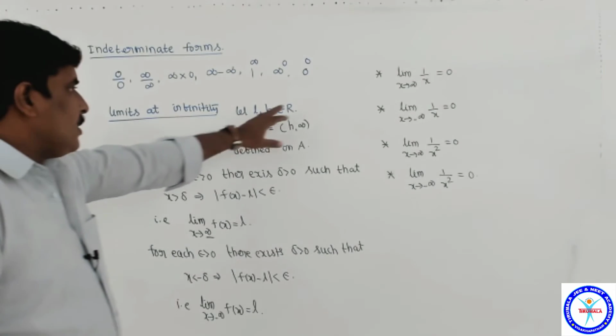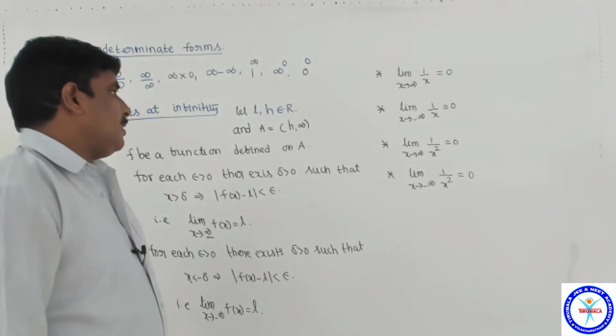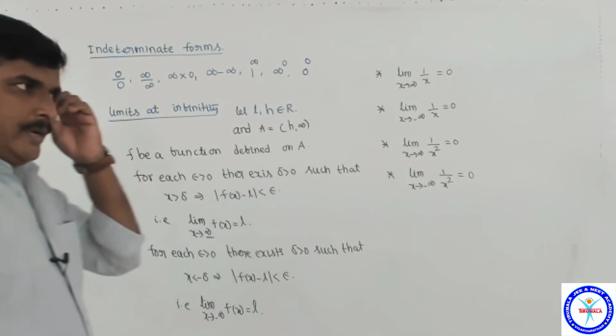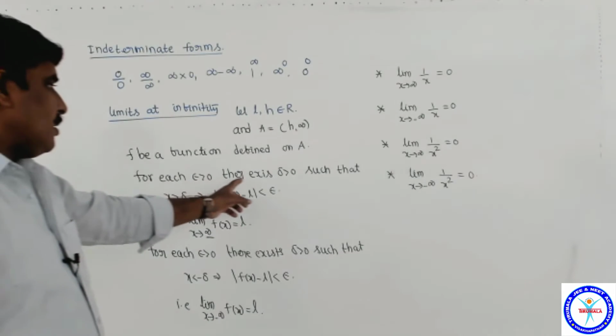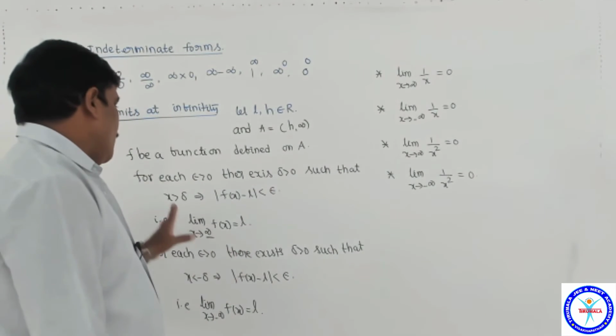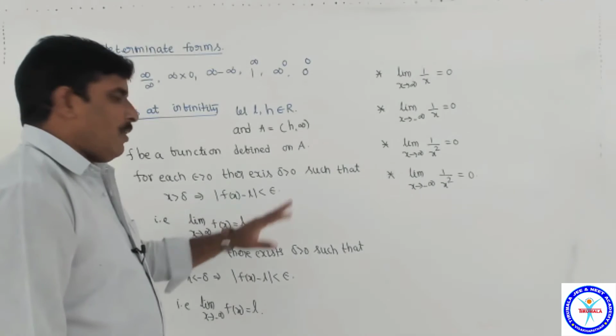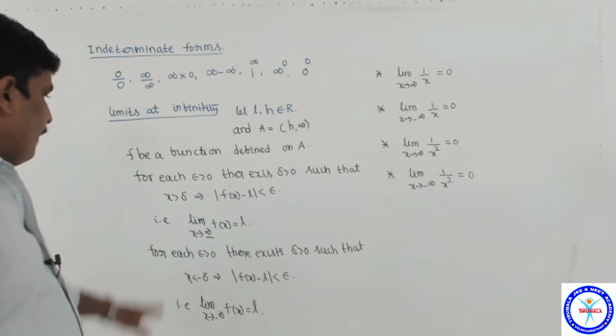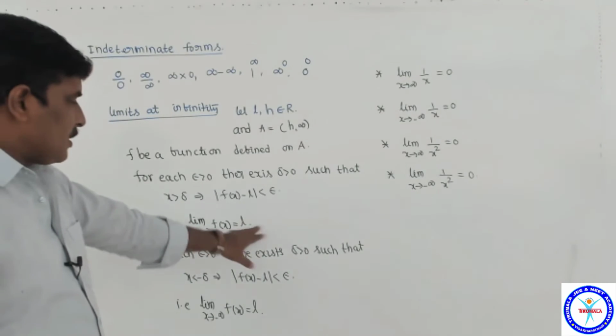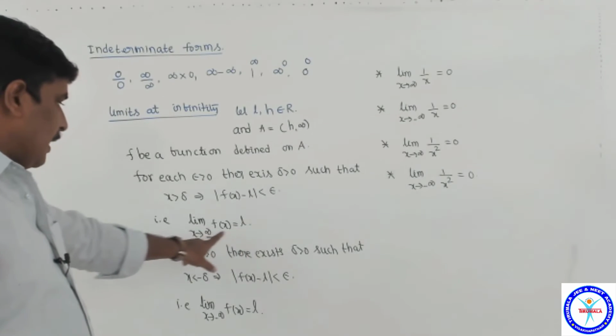So let L belong to R and A equal to H to infinity. For each epsilon greater than 0, there is delta greater than 0 such that x greater than delta implies mod f of x minus L less than epsilon. Then limit x tends to infinity f of x equal to L. So L is the limit at infinity.